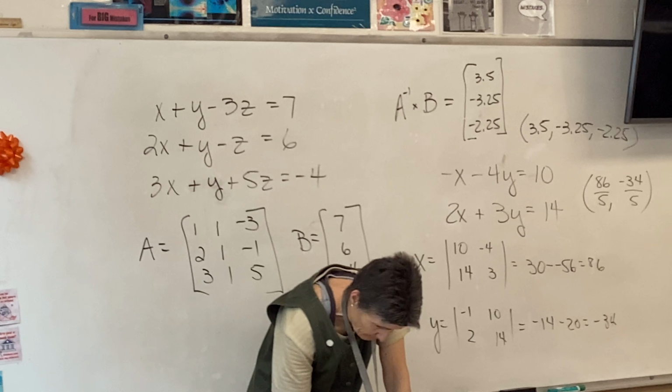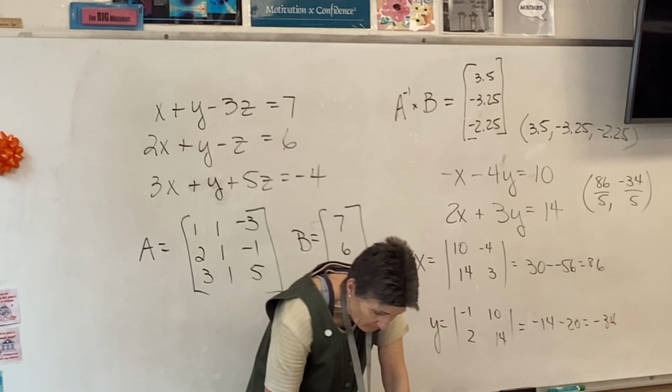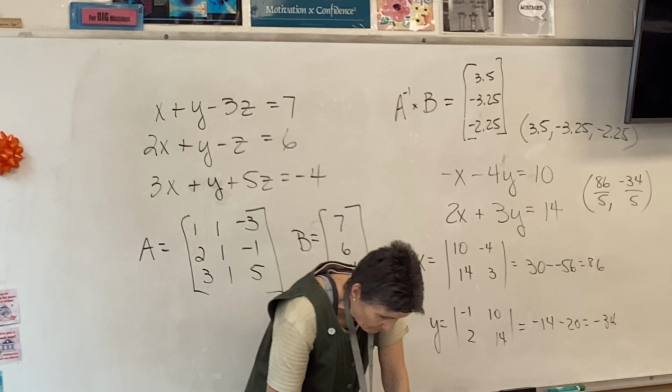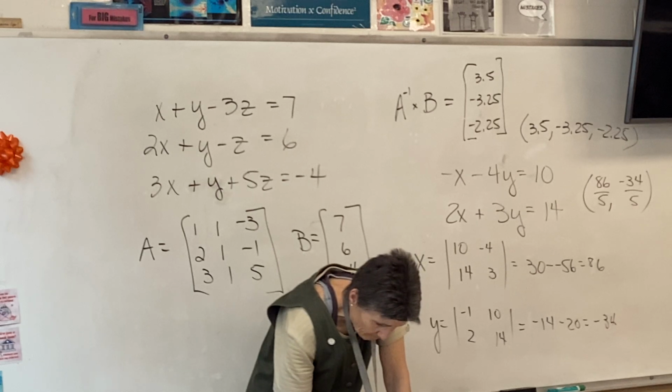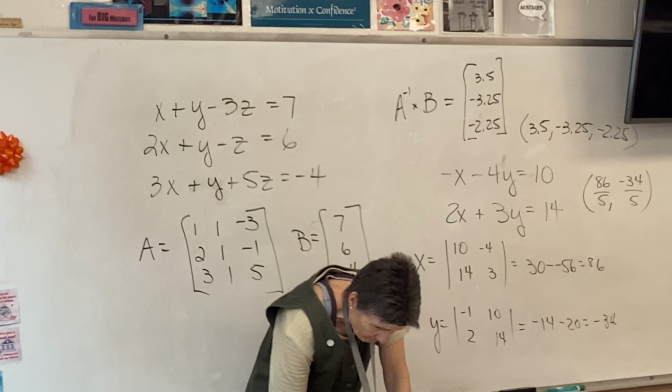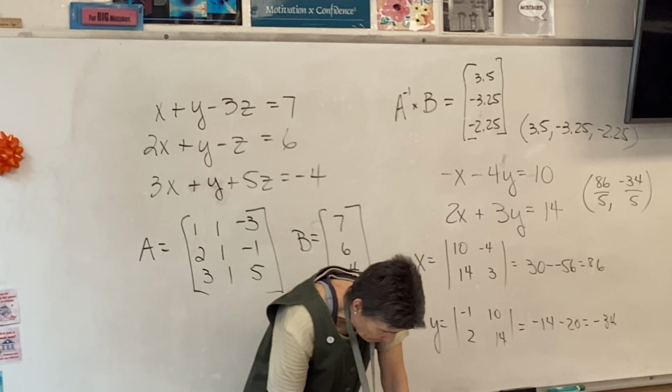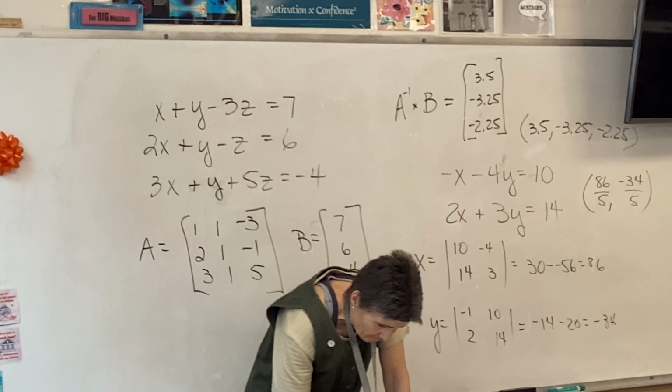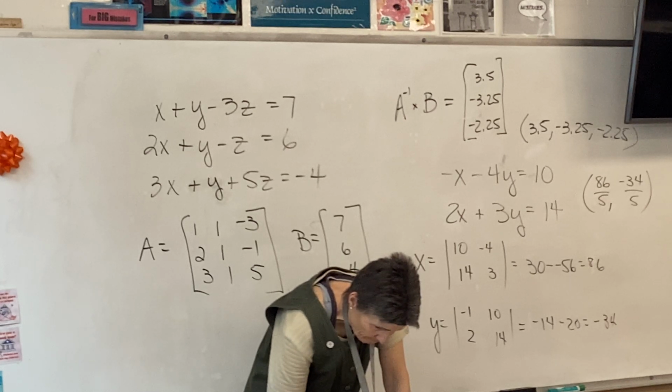Alright, so we're right. Now I know I'm right. 46 over 27, 14 over 27, 17. Did anyone get 46 over 27?